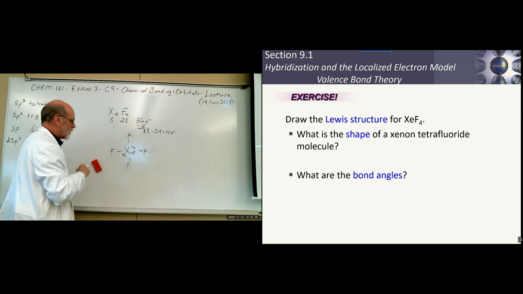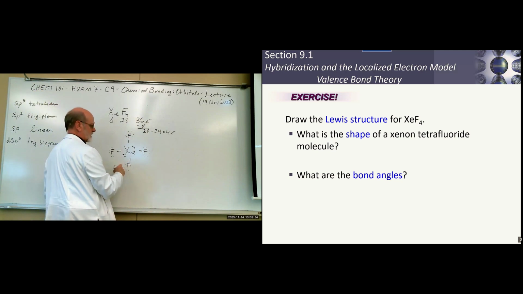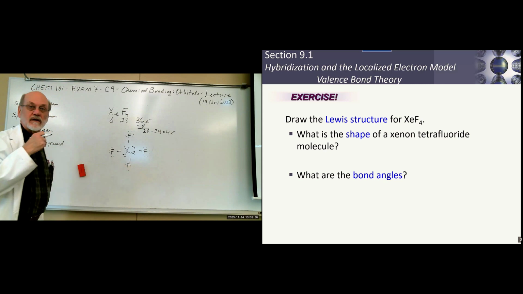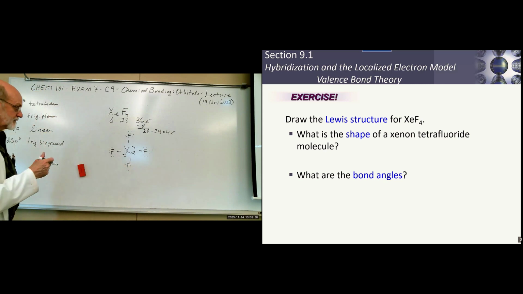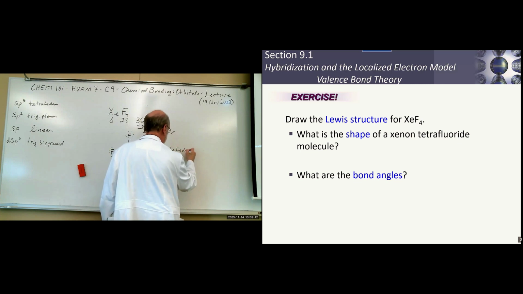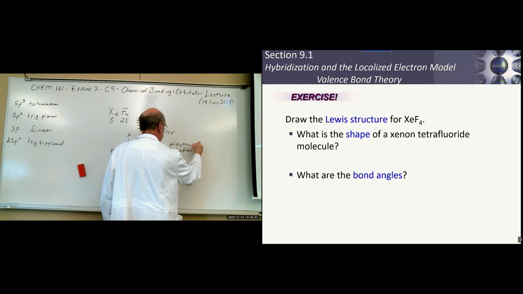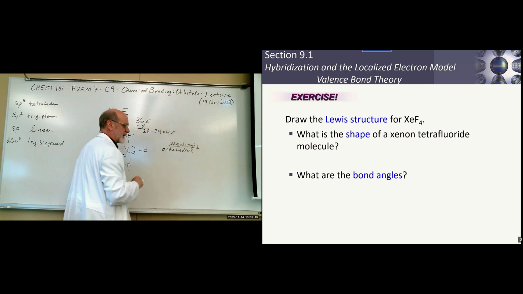All right. So we have how many groups? We have 1, 2, 3, 4, 5, 6. 6 groups means octahedral. This is electronic. So that's what they mean by effective groups.